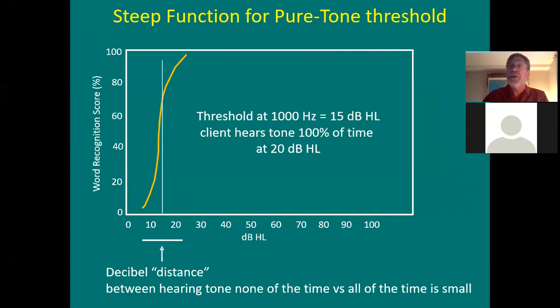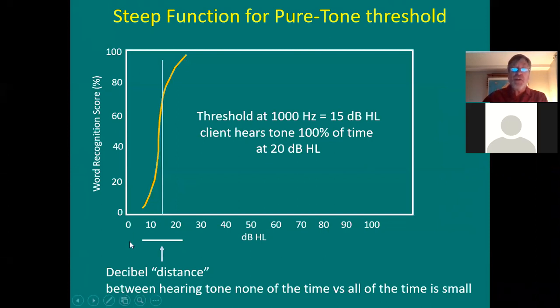If that's his threshold, you'll usually hear the tone at 15 dB. If I present the tone, however, at 10, he's almost never going to hear it. See? And if I present the tone at 20, he's always going to hear it. That's what I mean by a steep performance intensity function.